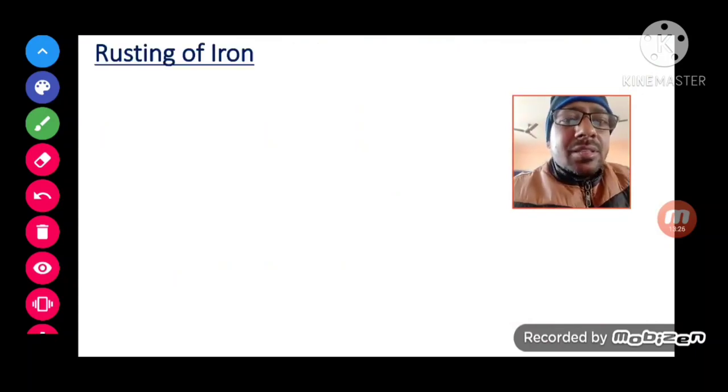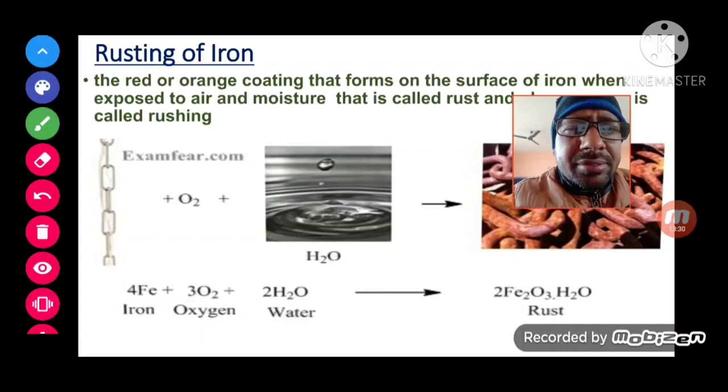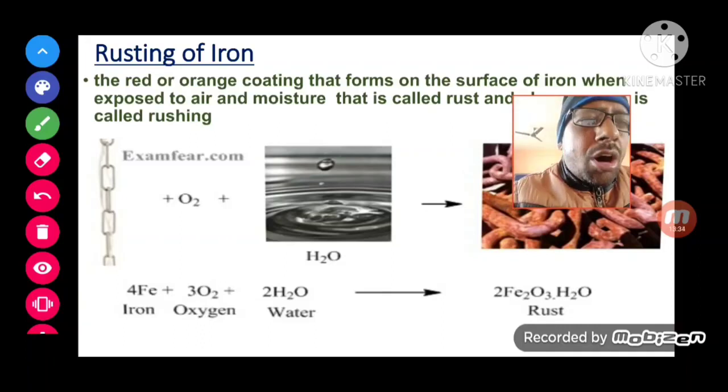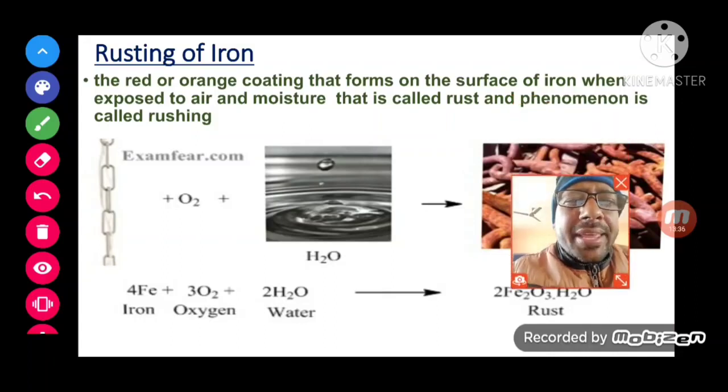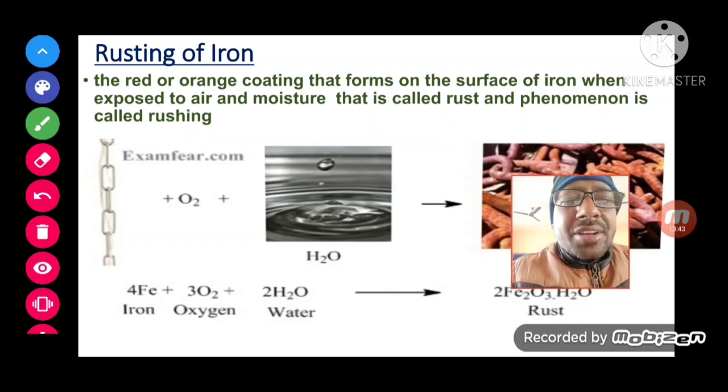Another example is rusting of iron. What is the rusting of iron? The red and orange coating that forms on the surface of iron when exposed to air and moisture is called rust, and the phenomenon is called rusting.